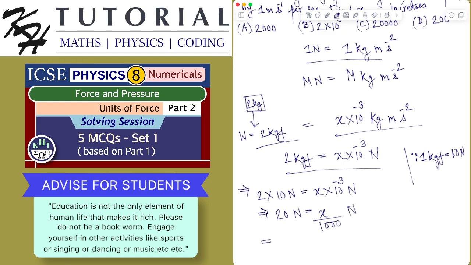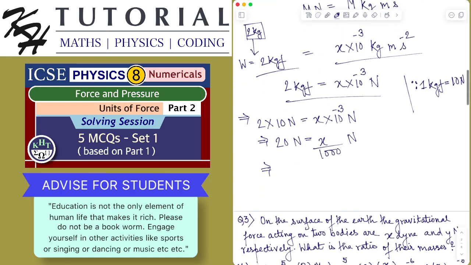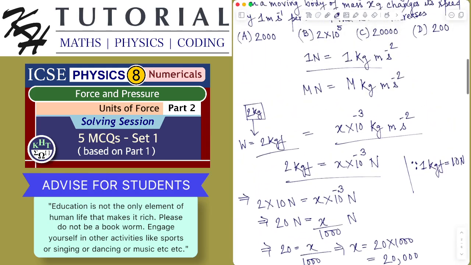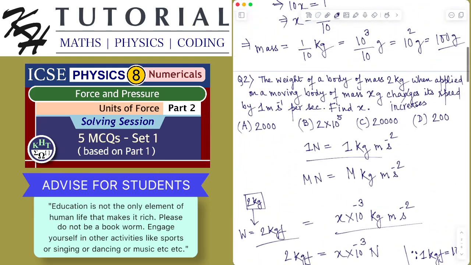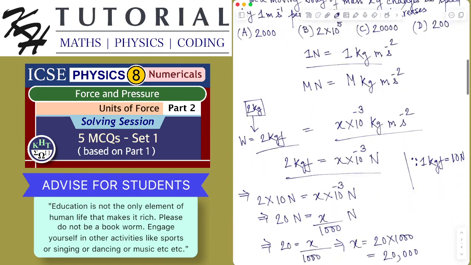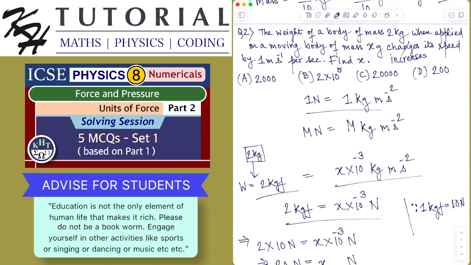Now I can cancel the Newton from both the sides and equate the value, and I get 20 is equal to x by 1000. This implies x is equal to 20 multiplied by 1000, which is 20,000. So x must be 20,000 gram. So the correct choice is C. C is the correct choice.